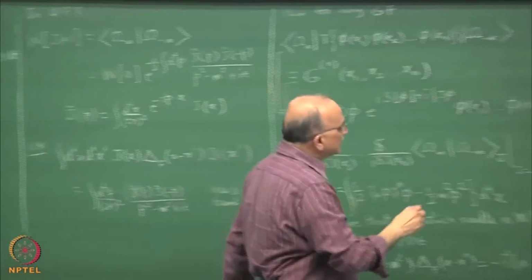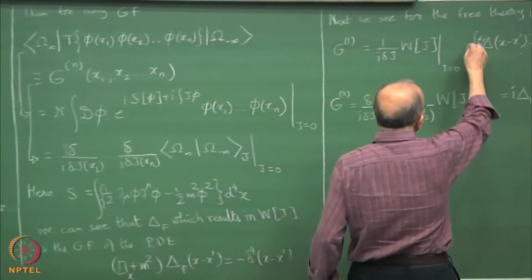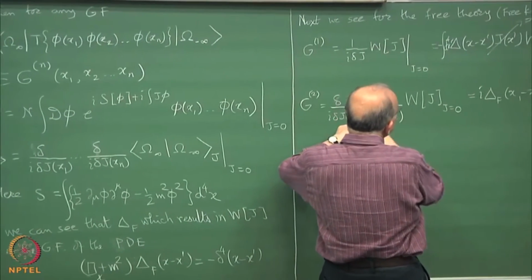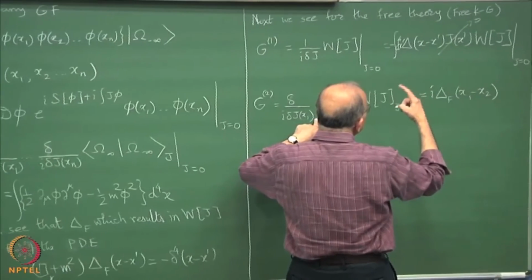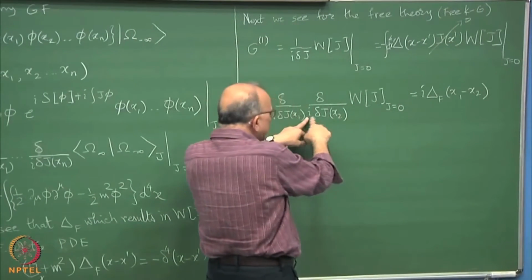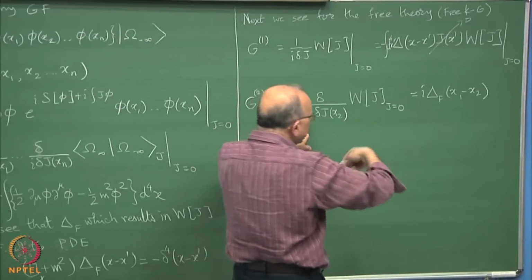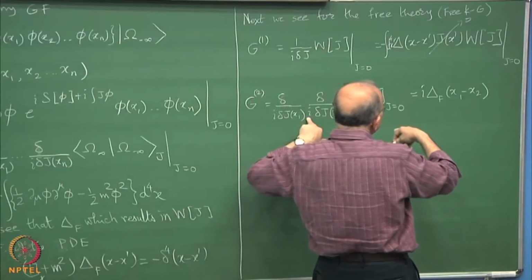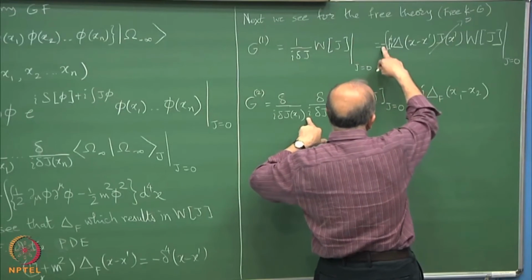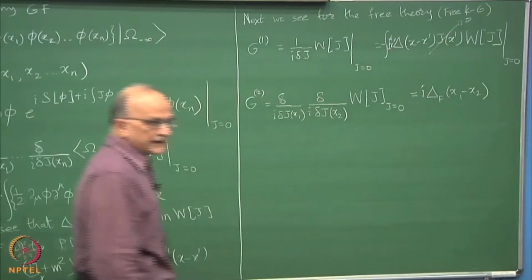So when you vary, you would have had that minus sign over here. So when you vary the second time and you get an i to come down, you are varying with respect to i in the denominator to cancel that i, but when you do it the second time, there will be an i in the denominator which will go to the numerator with that minus sign, it will become plus i.